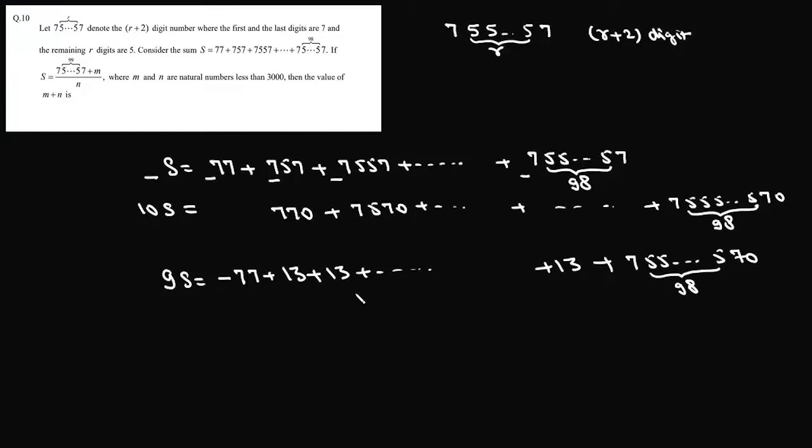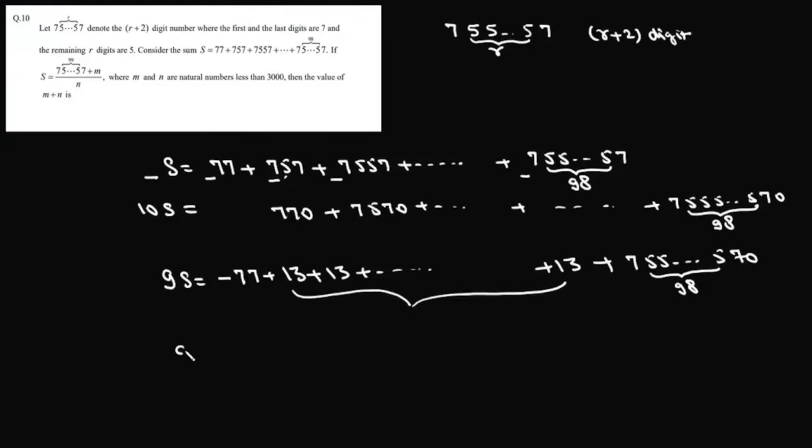Now first thing is, how many 13s do we have? We have started with 1 and we have gone up to 98 5s. So this 13 appeared 98 times.